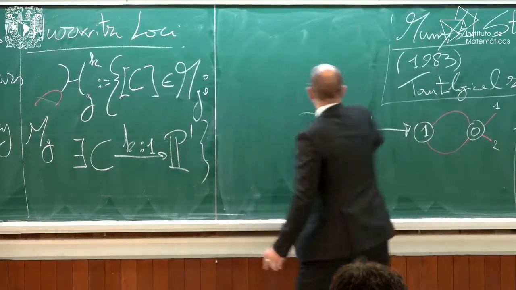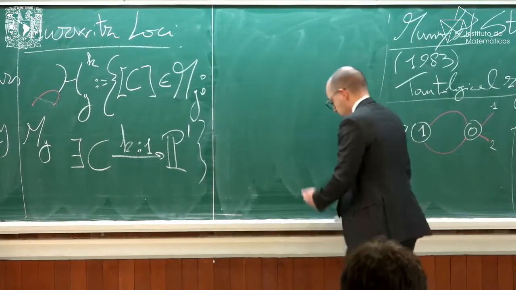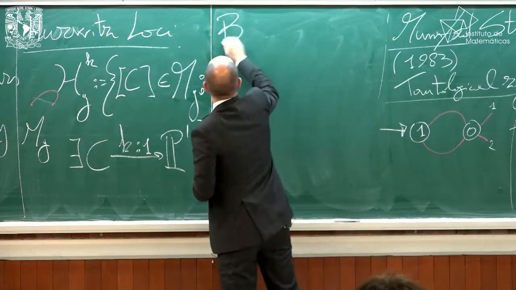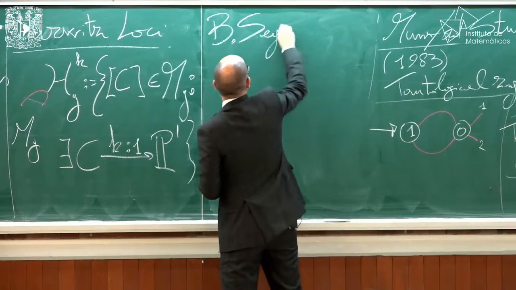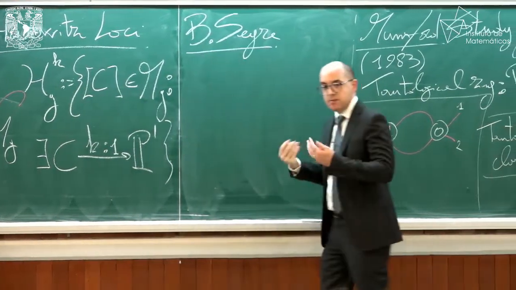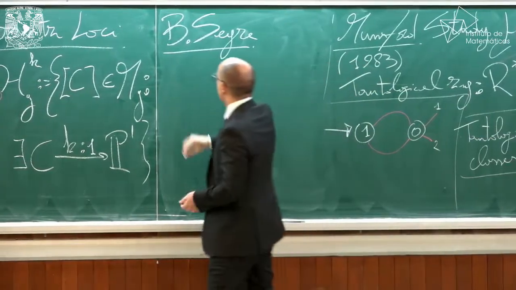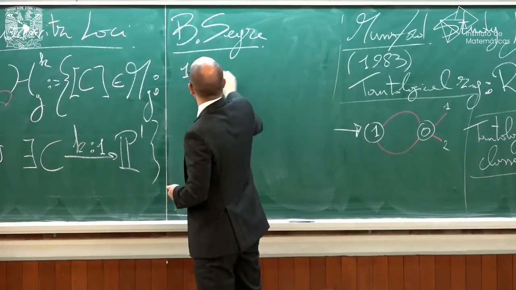And in fact, the first result about it is due to Beniamino Segre. So here we go back to the beginning of the Italian School of Algebraic Geometry, in 1928.